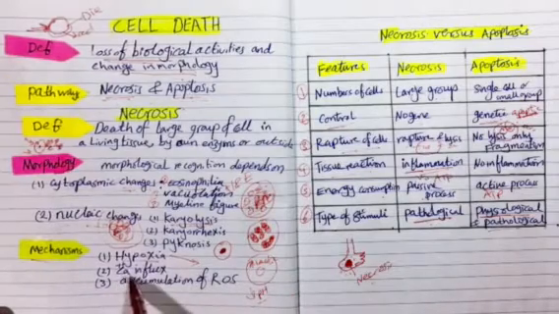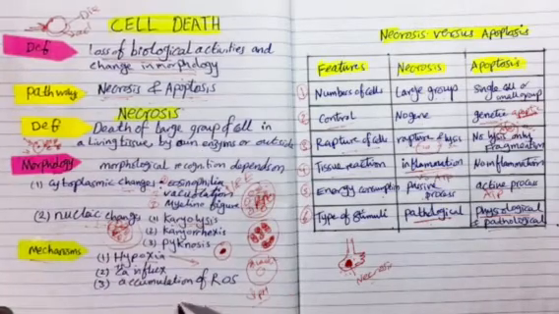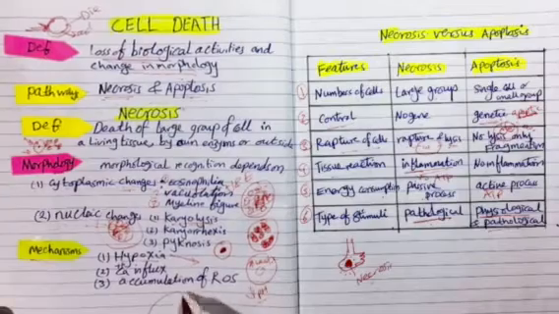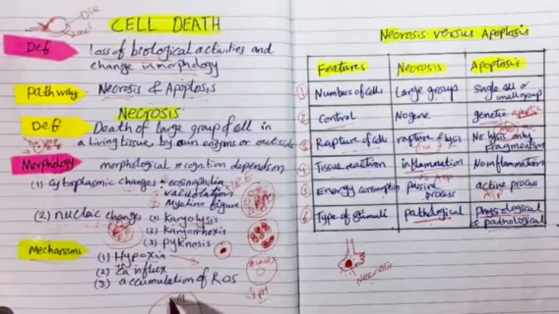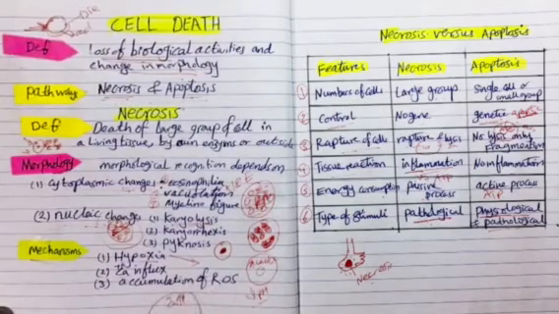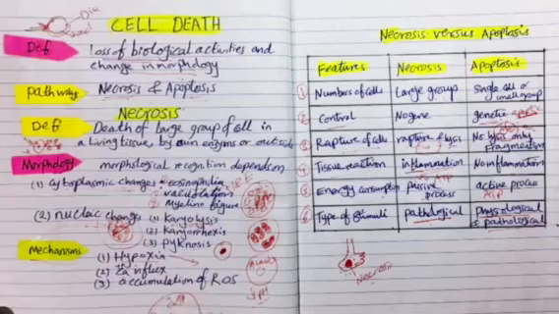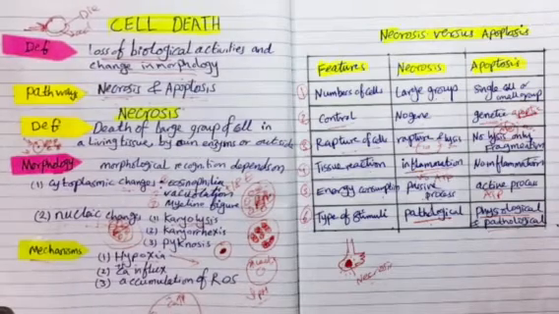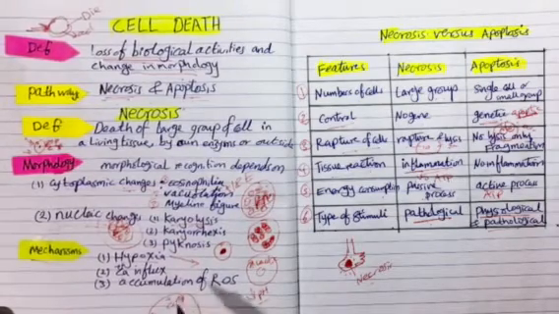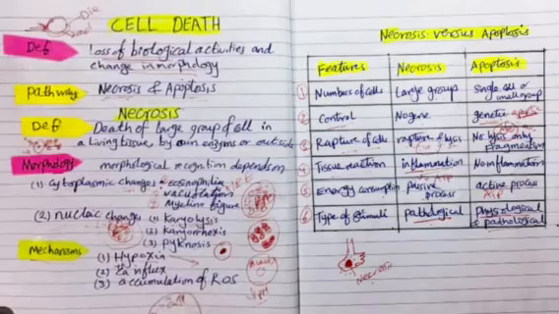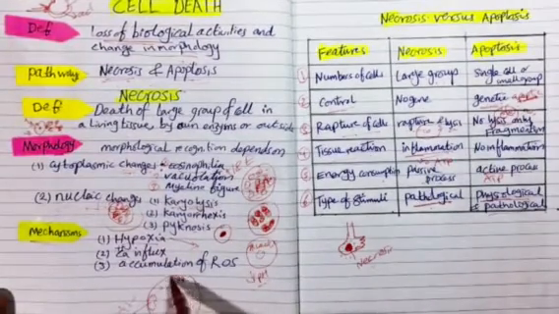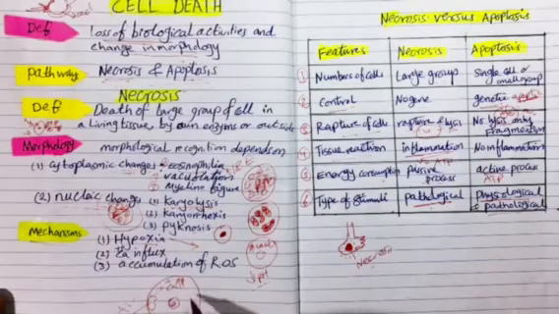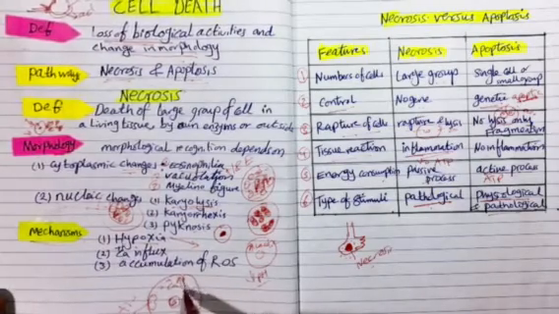The next point is calcium influx. That is to say, an increase of calcium in the cytoplasm. This is a nucleus, this is cytoplasm. Calcium here will be increased due to influx from different organelles within the cell, like the mitochondria. The content of the mitochondria will get outside and increase the calcium. Also from the endoplasmic reticulum.